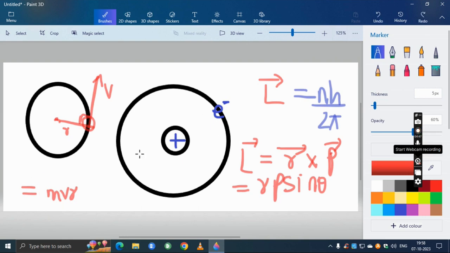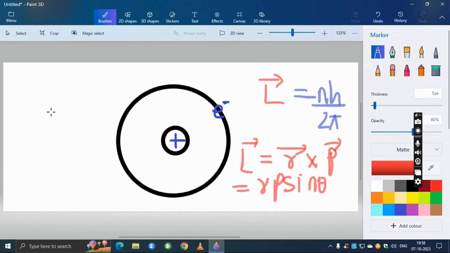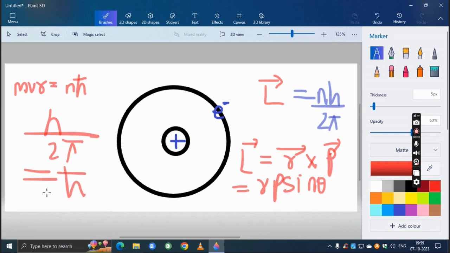Similarly, in the case of an electron, the angular momentum is going to be mvr. So we have another equation, L is mvr. So mvr is equal to nh by 2 pi, and h by 2 pi can also be written as h bar.